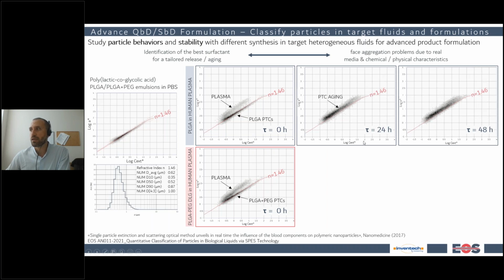But after a day and after a couple of days, the particles without the chemical stabilization, let's say the surfactant, change their nature. As you can see, using this red line as a guide for your eye, they move from this line, which is the expected position for compact spheres of PLJ, to an area corresponding to a lower refractive index.